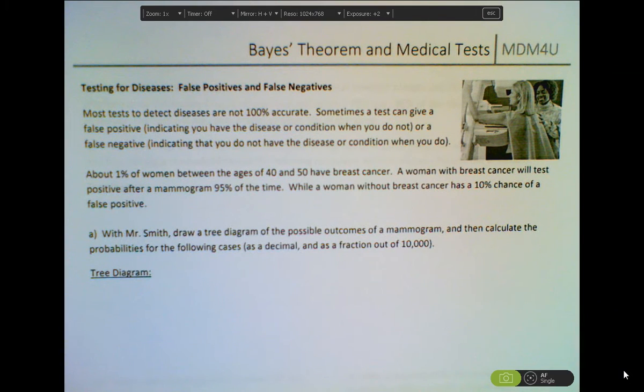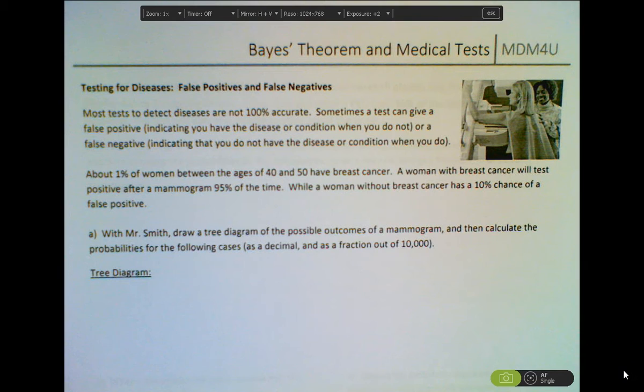Most tests to detect diseases, whether for STDs, cancer screening, a virus, diseases like lupus, or even drug testing in professional sports, are not 100% accurate. Sometimes a test can give you a false positive, saying that you have the disease when you actually don't, or a false negative, telling you that you don't have the disease when you actually do.